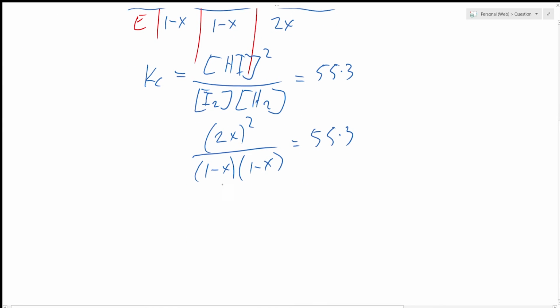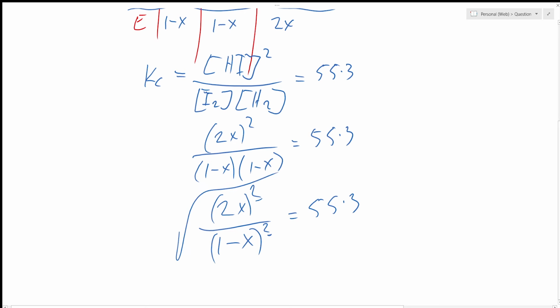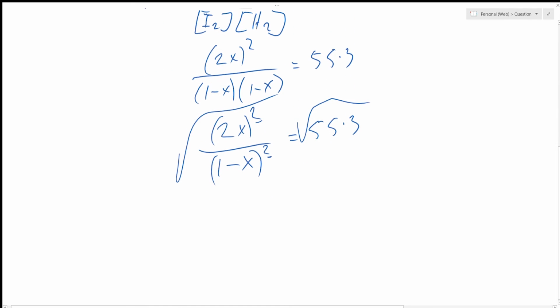So let's just tidy up this bottom here. 1 minus X times 1 minus X is like saying (1 minus X) squared. And because we've got squares top and bottom, we can take the square root of both sides of this. So we're left with 2X divided by 1 minus X is equal to the square root of 55.3.